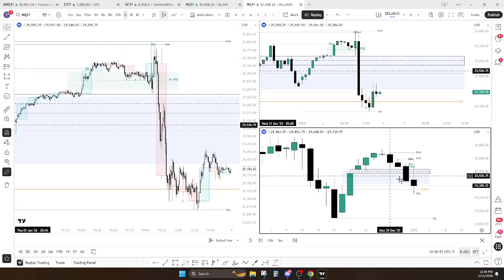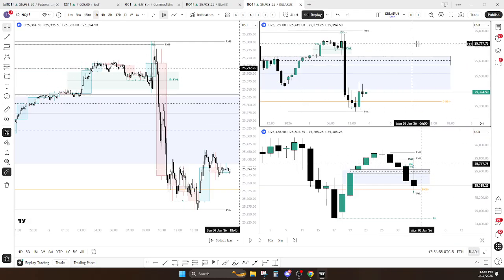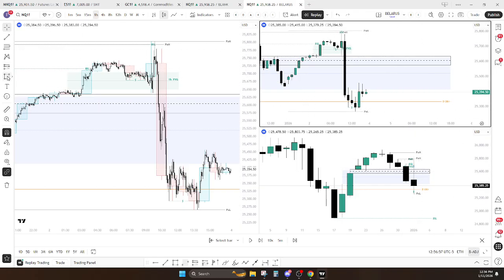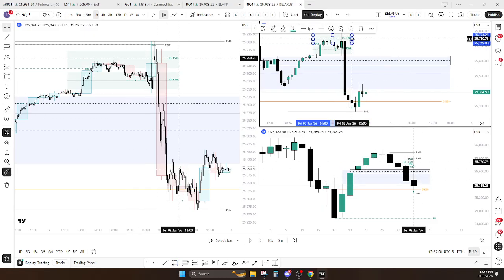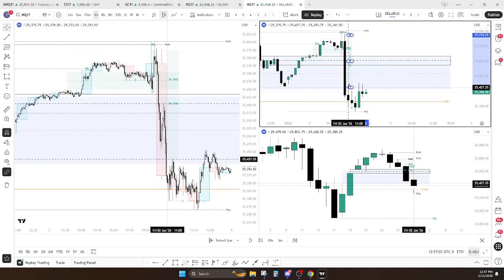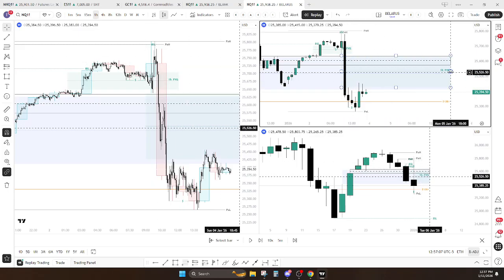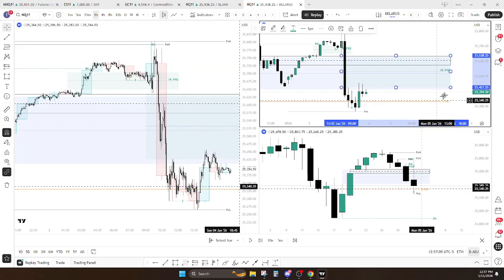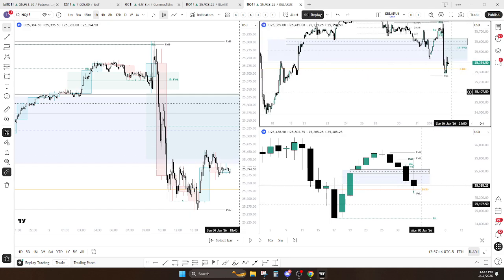These are the three PD arrays that were around. I'm not gonna saturate it more than that. On the 1 hour basis, we are working inside of this 1 hour fair value gap. And that's it so far.